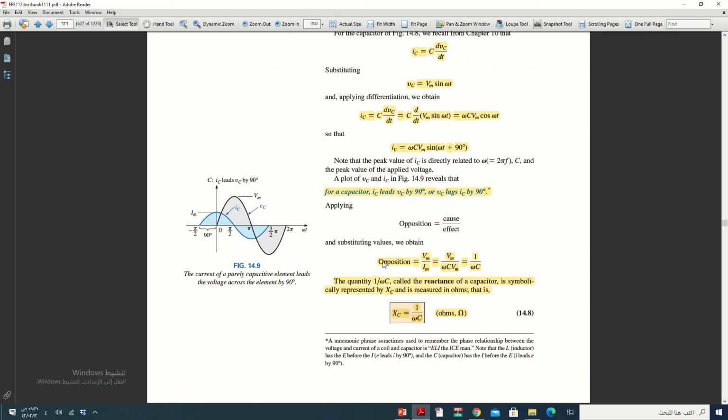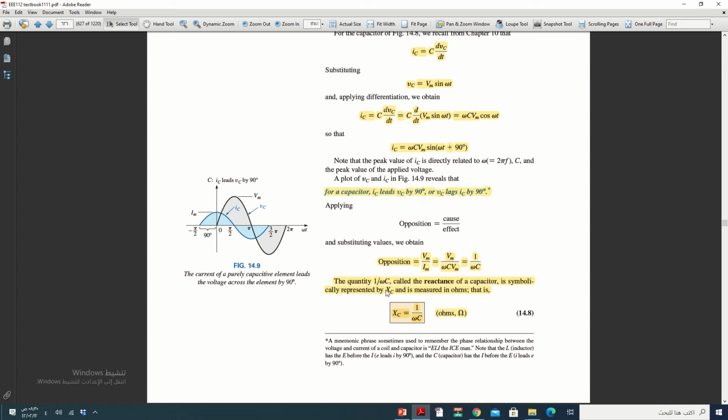If we need to find the opposition, Vm peak over Im peak, which is Vm over omega C Vm. Can Vm cancel with Vm? It's remaining 1 over omega C. The quantity 1 over omega C is called the reactance of the capacitor, similar to the reactance of the inductor.